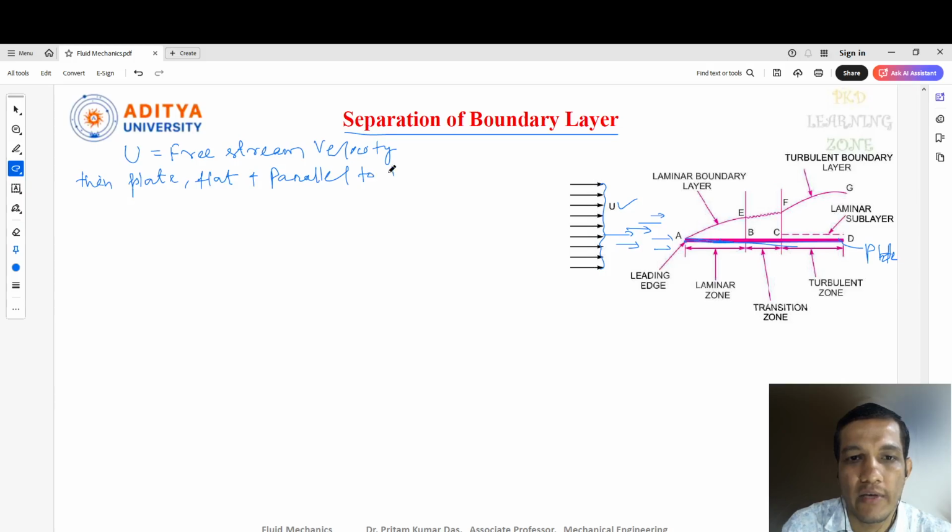You can see the fluid flow direction I have given, and the plate should be kept in the same direction.